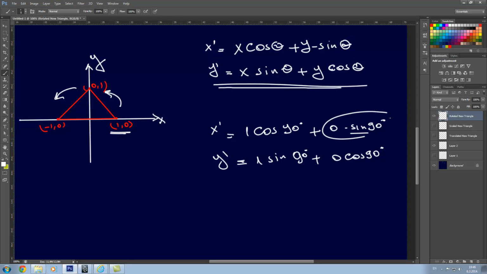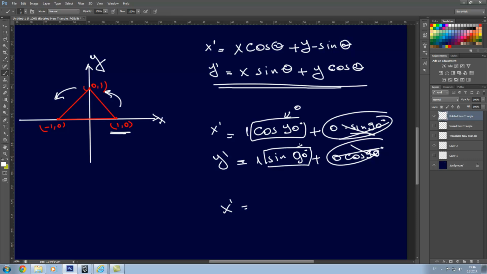Alright, so these guys are already gone because 0 times sine is 0 and 0 times cosine is 0. Cosine of 90 degrees is 0, so this is resolved to 0, this is resolved to 1 because sine of 90 degrees is 1, and 1 times 0 is 0.